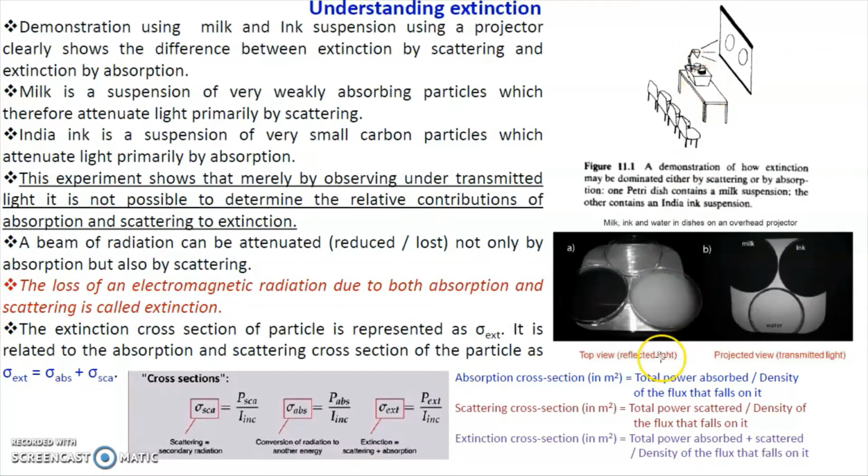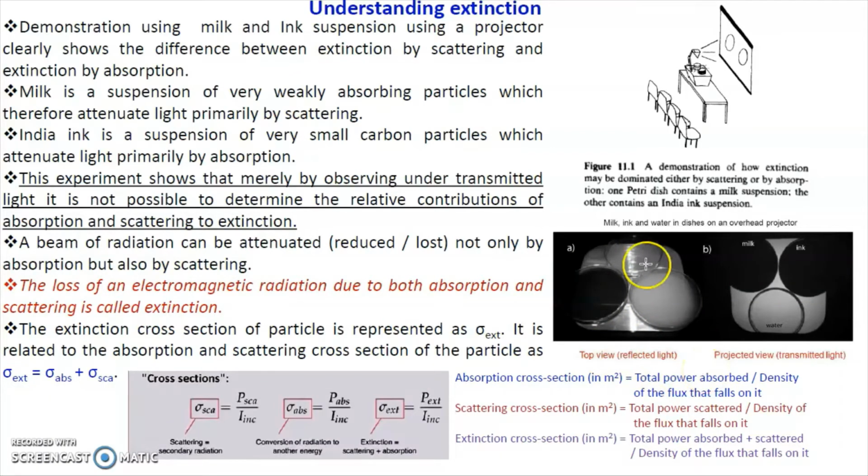Simple thing is, if I ask you how these liquids look from the top. In the top view, the light gets reflected and comes to our eyes, and it shows which kind of color this material has.